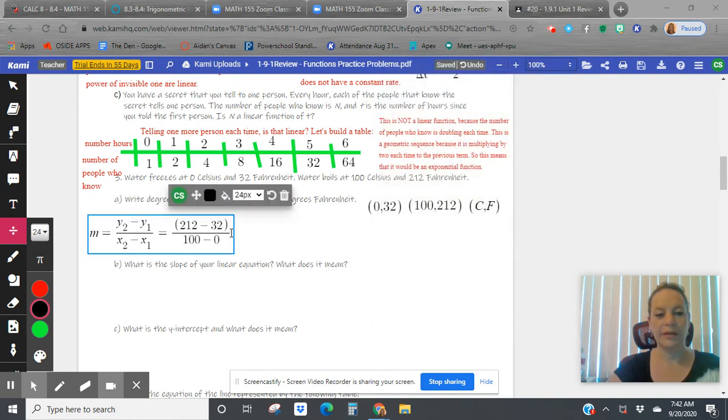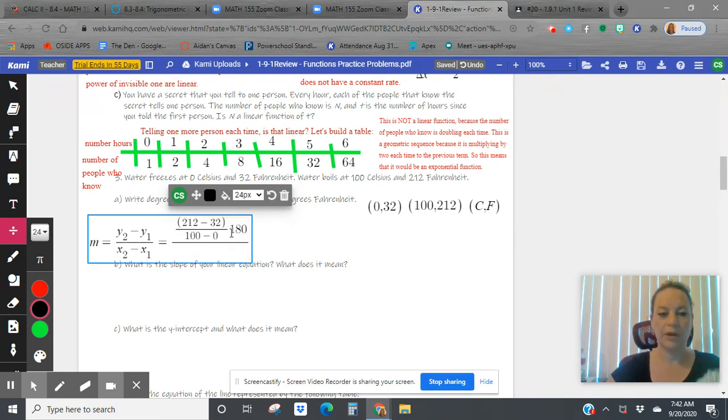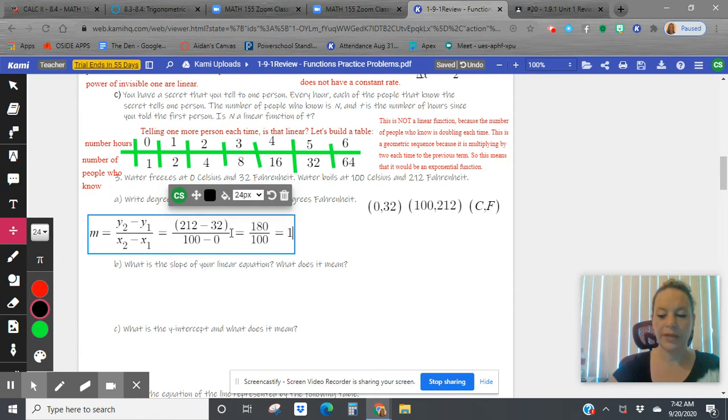So we get 180 over 100, which reduces down to 18 tenths, which reduces down to 9/5. That's our slope.